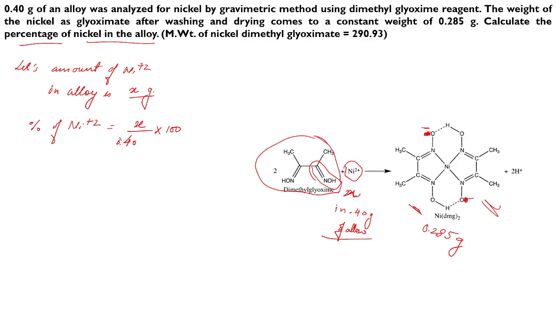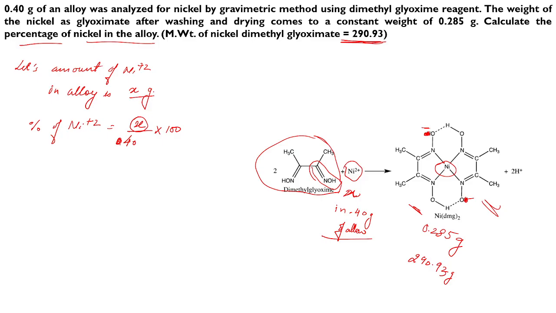Okay, so if we were able to calculate the amount of X, then we will be able to calculate the percentage of this nickel. Now how we are going to calculate the amount of this nickel? Here they have also given a hint that this nickel glyoximate has a molecular mass of 290.93 gram. It's molar mass, right? So let's say this single complex has only one nickel.